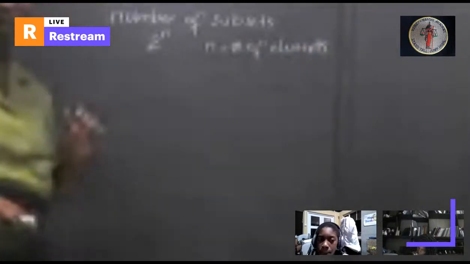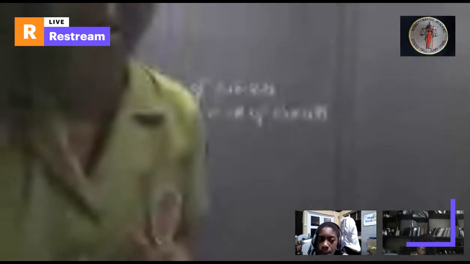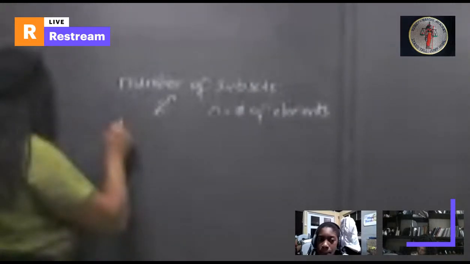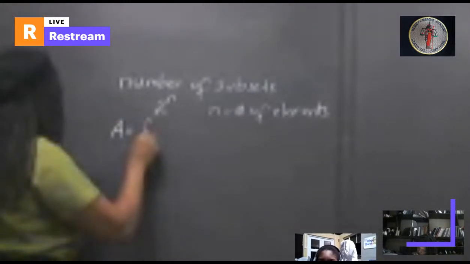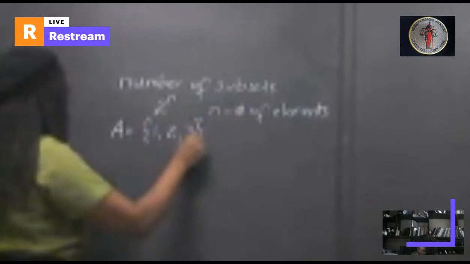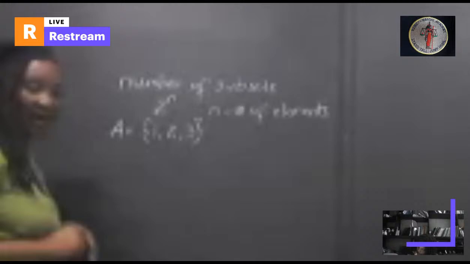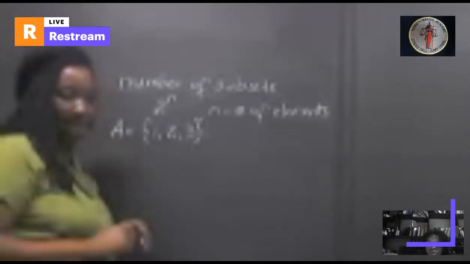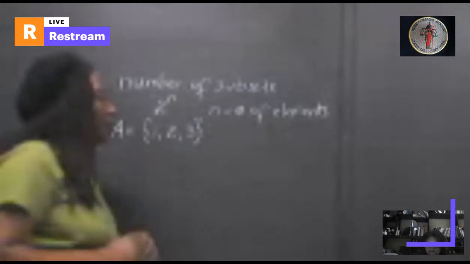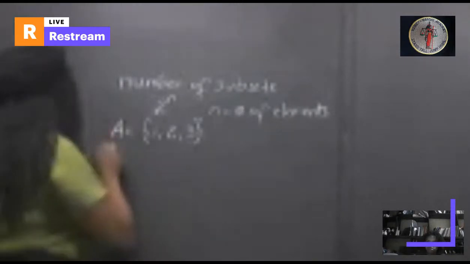So that means, let's say we have a set A, and that set has members 1, 2, and 3. How many elements are in set A? Miss, 3 elements.